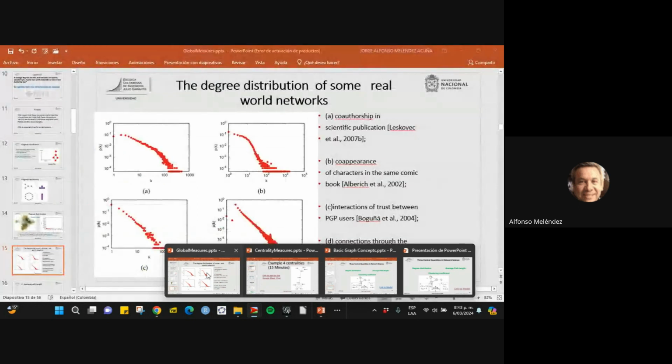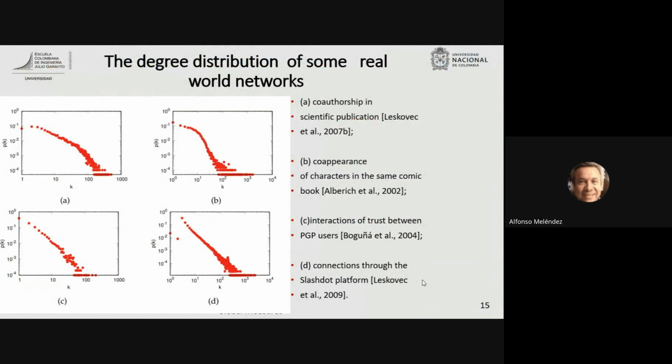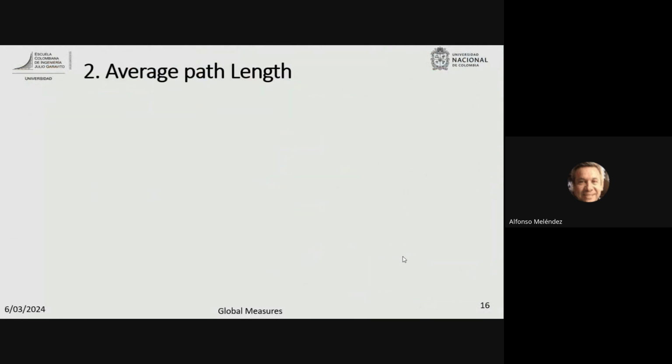Experts in network science say that if you are very expert, when you see this distribution, you can more or less visualize the network. This is a very important measure of the network. It's a global measure. Average path length is also a very important global measure.